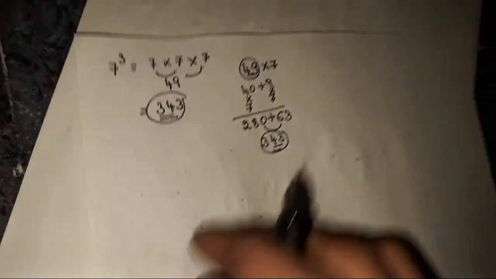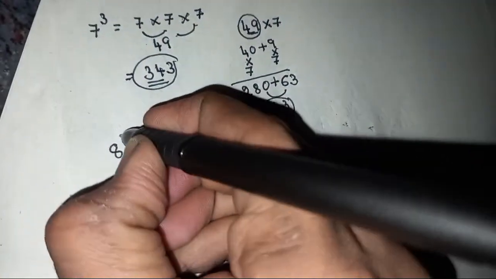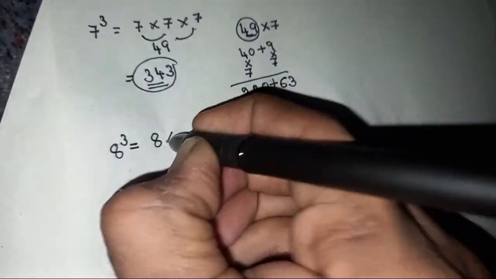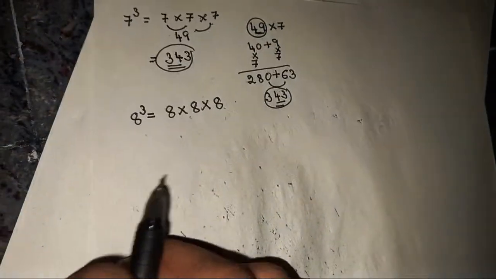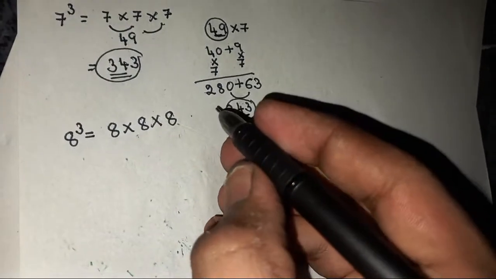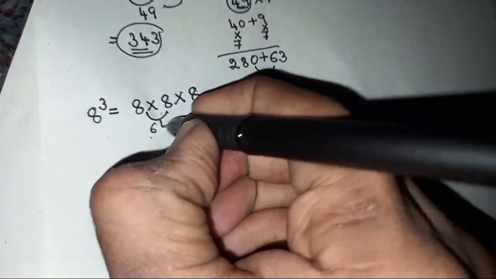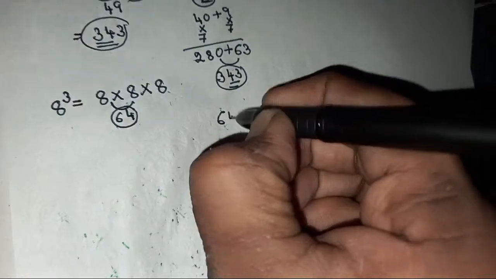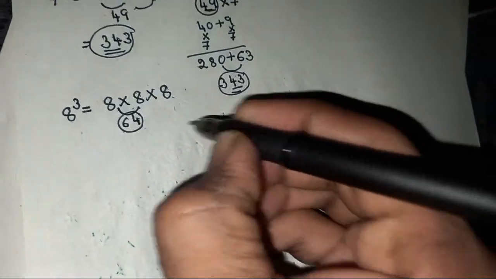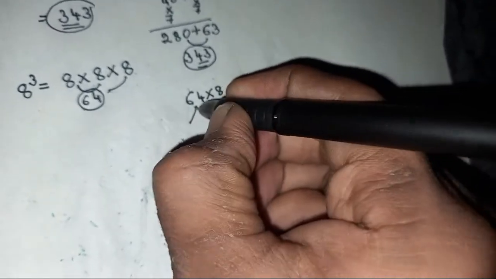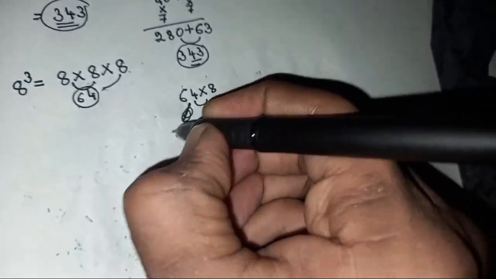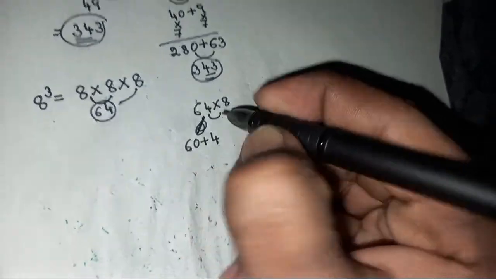Now here you can do again 8 cube. 8 cube means 8 times 8 times 8. 8 times 8 means it is 64. 64 times 8. You can split this as 60 plus 4.